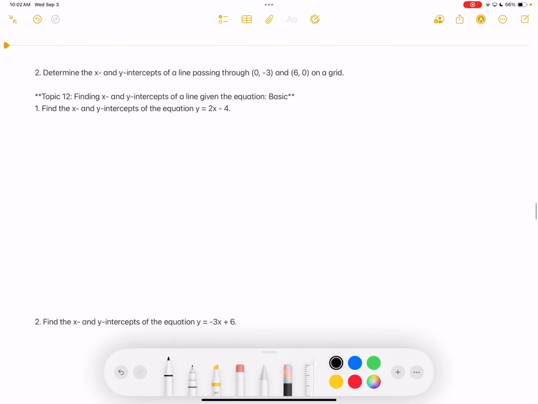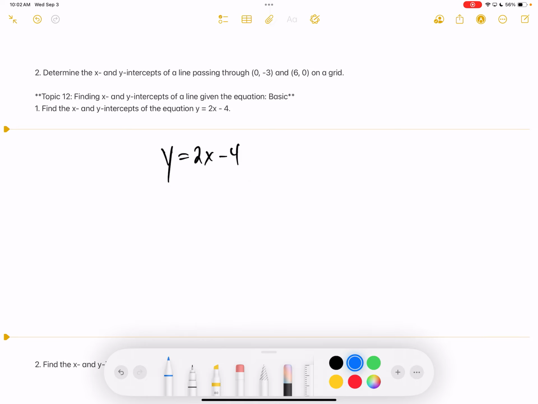All right, so how do we find the y-intercept or the x-intercept when you have an equation? The way you do this is to find the x-intercept, you make y be 0 and solve for x. Okay?